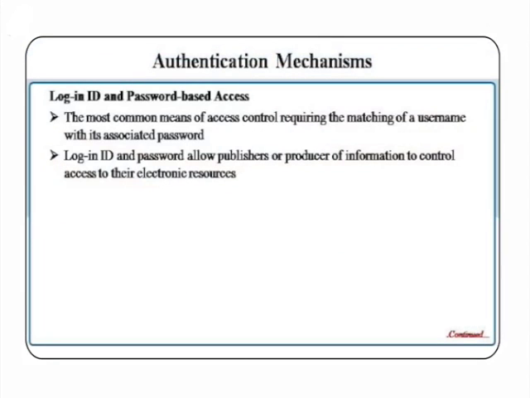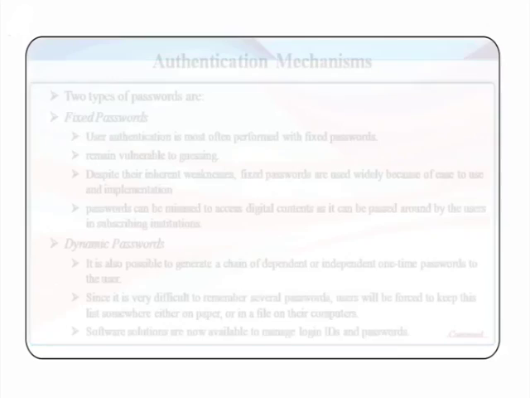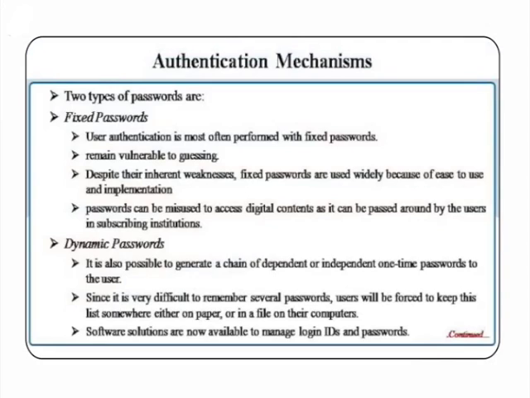Now let us discuss authentication mechanisms. The first one is login ID and password based access. This is the most common means of access control, requiring the matching of a username with its associated password. Login ID and password allow publishers or producers of information to control access to their electronic resources.